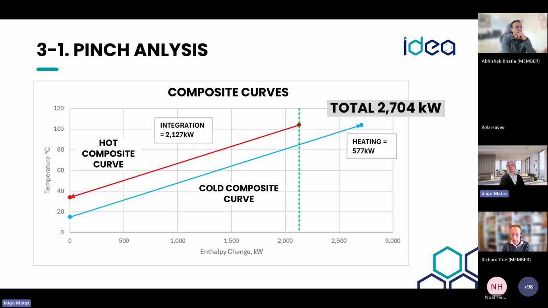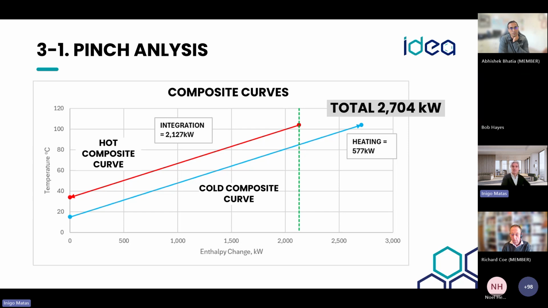Okay, so talking about what I just mentioned, the pinch analysis. As you know, pinch analysis is a systematic method for identifying the minimum energy requirements of a process. We examine the heating and the cooling heat flows, and that allows us to determine the point where heat recovery is maximized. Here on the screen we can see, for example, the composite curves. The red line is the hot composite curve, a sum of all the streams that require cooling, and the blue line corresponds to the cold composite curve, all the streams that require heating.